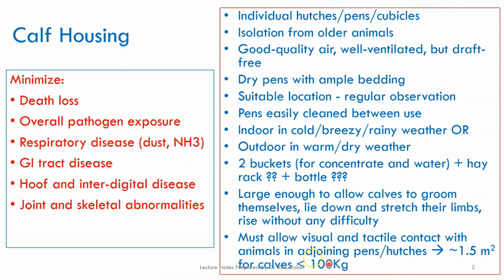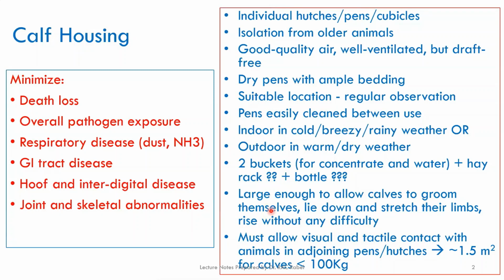So another important thing, although you are separating this for a large enterprise, you have to make sure that there is visual and tactile contact with animals in adjoining pens. They should not be in concrete cubicles where they cannot see a single other calf. Because at some point they are going to come out of these calf pens, let's say at 2 months, and they see other calves, and they'll get the shock of their life.